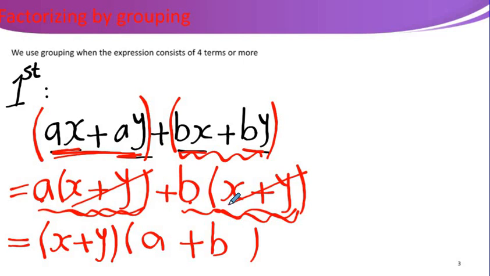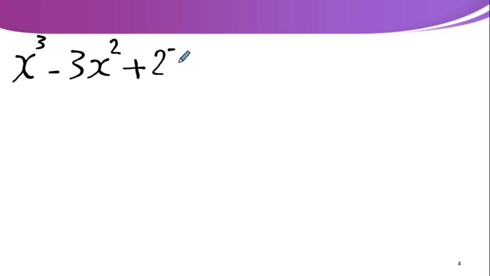Another example. X to the power 3 minus 3x to the power 2 plus 27 minus 9x.